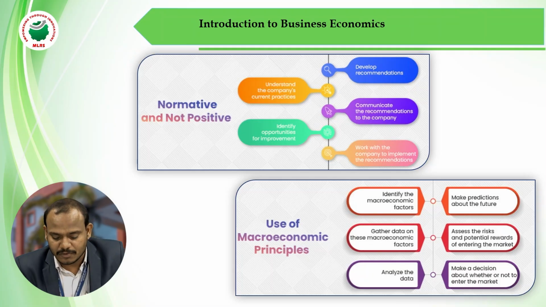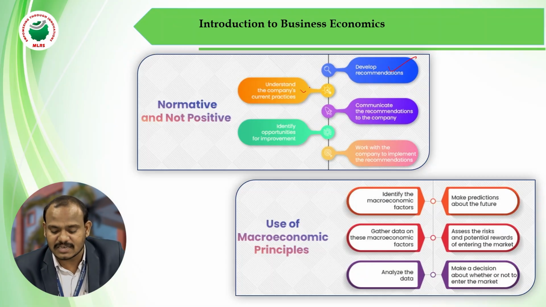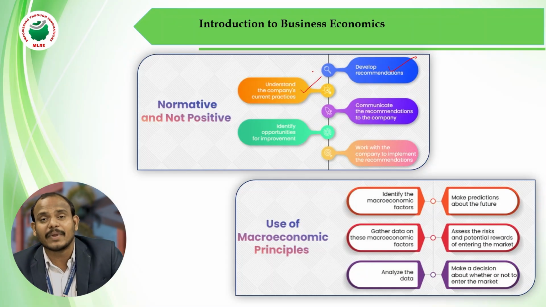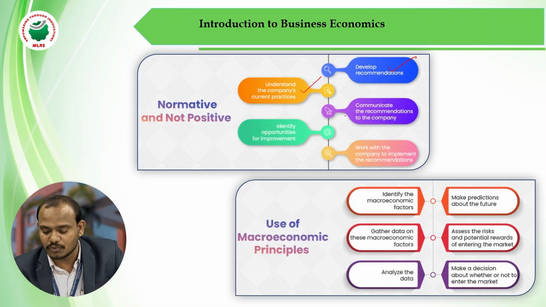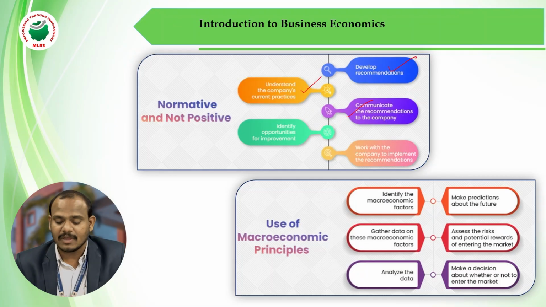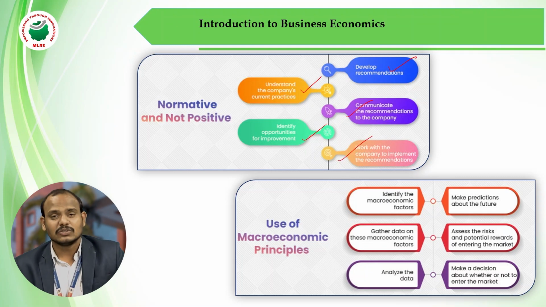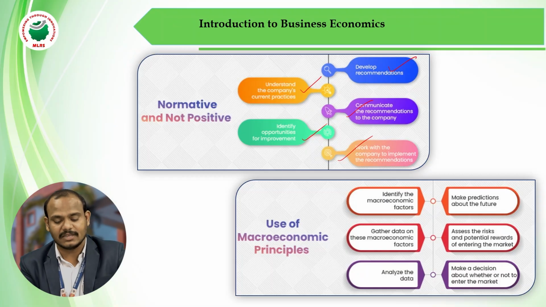In the normative and positive, the first step is develop recommendations, and the next one is understand the company's current practices, then communicate the recommendations to the company, then identify the opportunities for improvement, and then work with the company to implement the recommendations. So these are the concepts that come under normative and positive.